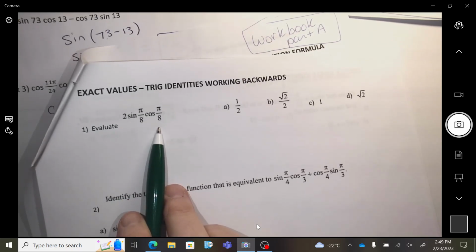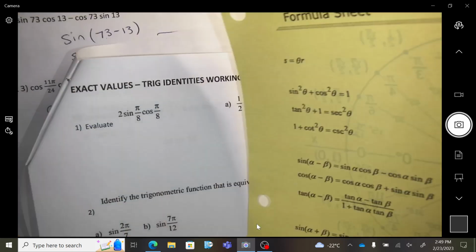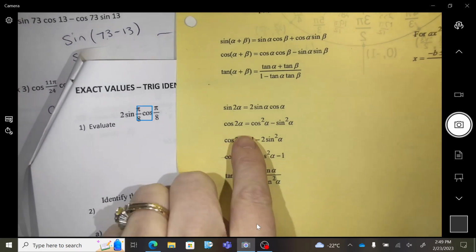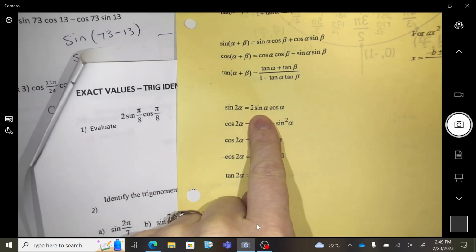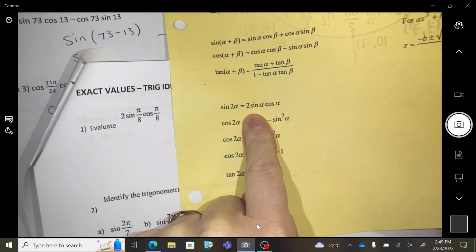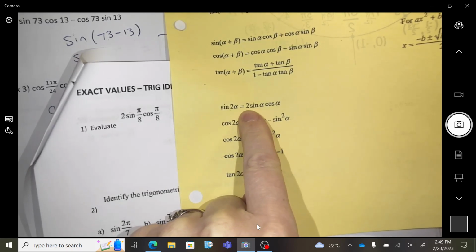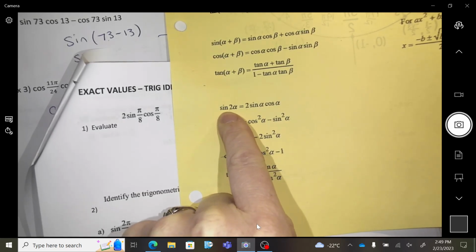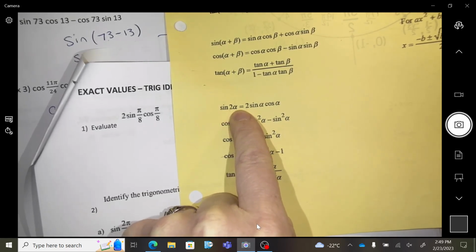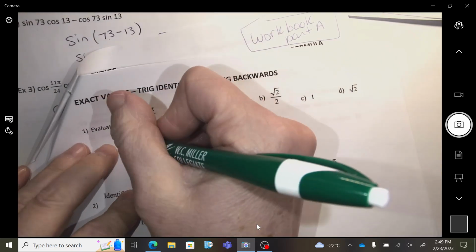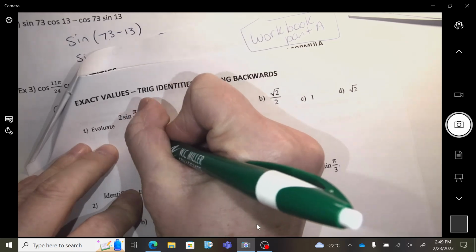So what is that matching on my sheet with? It looks like this one, right? 2 sine of an angle, cos of an angle. So it is sine of twice the angle. That's what it matches to.